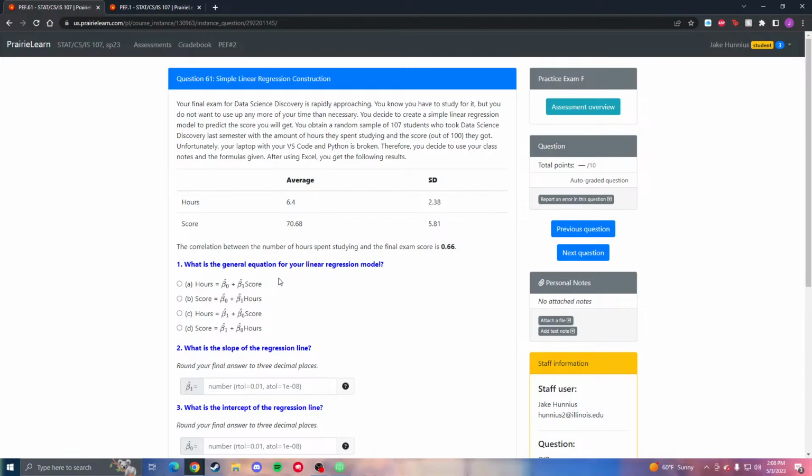First, score is going to be equal to beta 0 hat plus beta 1 hat times hours, because that's just the form of linear regression. Now we have to calculate our beta 1 hat, which is R times SDY over SDX, because this is equivalent to the slope.